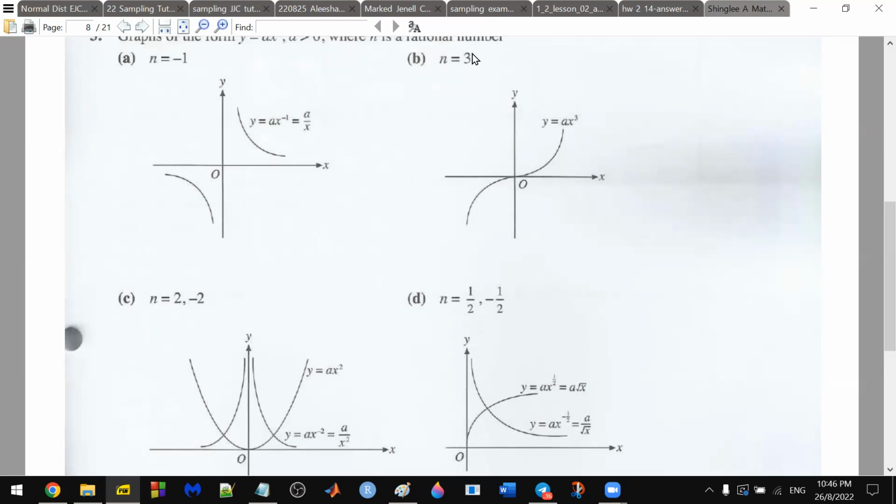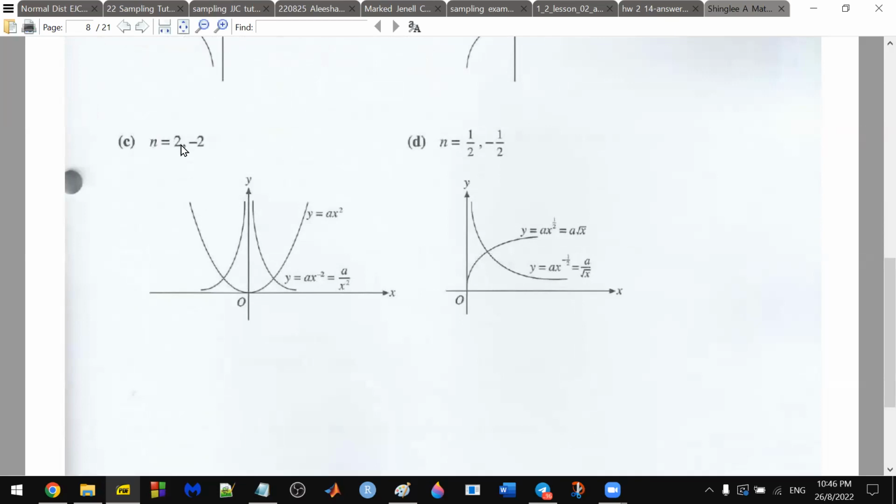How about part B? When it's power 3, ax cubed is just a cubic curve. It will curve like this. Then part C, if it's +2, ax squared, you'll just get a happy face. But if it's -2, it'll be a over x squared. Can you have a division by 0? Cannot. So there will be an asymptote here. The graph will get closer and closer towards x equals 0, but never be at x equals 0.